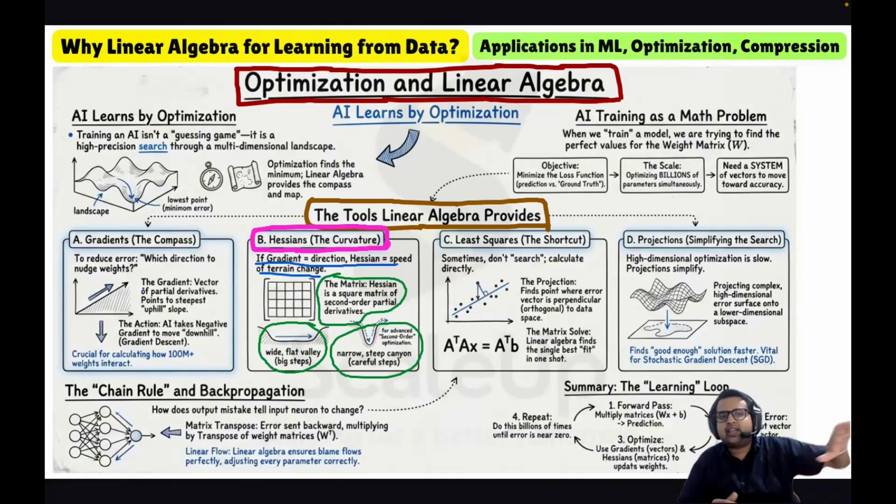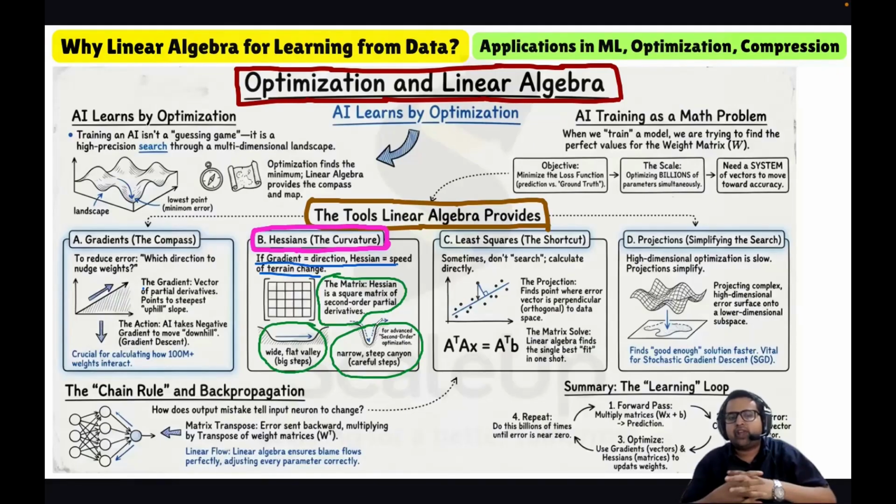Because gradient is telling us the direction, we know that we have to move in this direction. But if we take big steps, we might miss the lowest point. We might miss the minima. We can overshoot it. So the curvature will give us an idea of how big steps we should take.